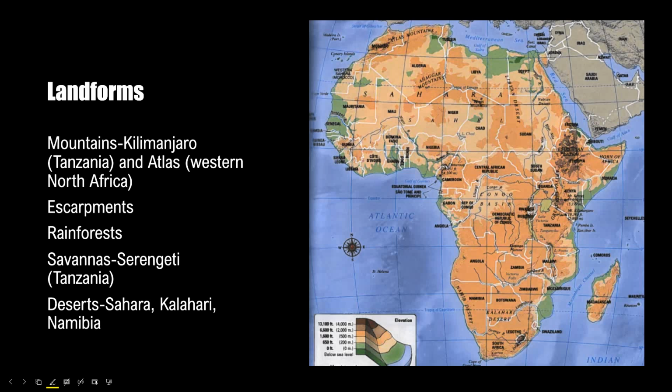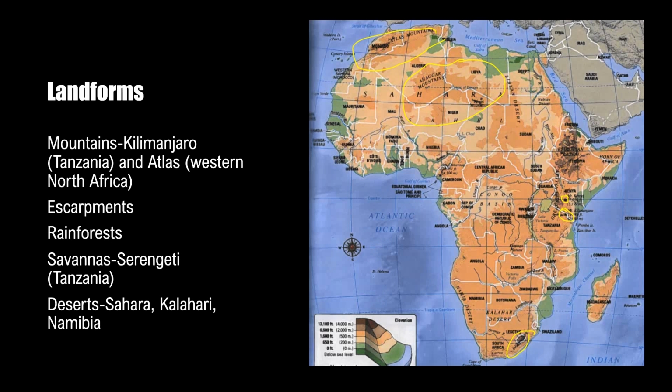Again, you do have a number of mountains. So you have the Kilimanjaro here. That's a really high peak, always covered in snow. Mount Kenya there. Up here in the far north, you have the Atlas Mountains, the Hagar Mountains here. You have the Drakensberg Mountains that are located far in South Africa down here.